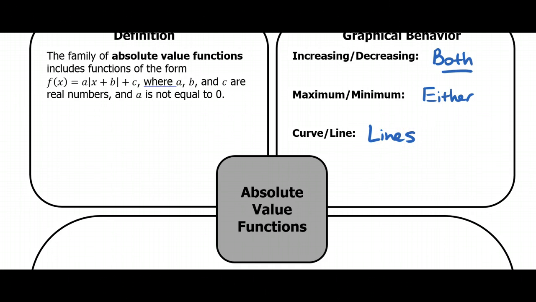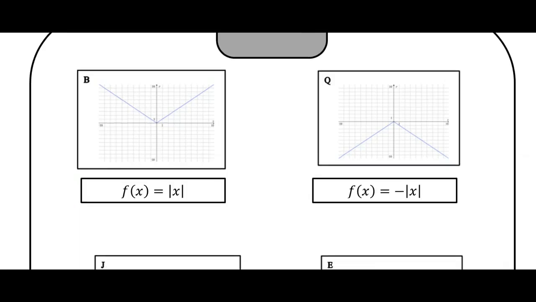Okay, so let's go ahead and take a look at these graphs in a little bit more detail. Graph B here, this graph has a minimum, it has a low point, and if we go from left to right, it starts out by decreasing, because the y values are getting smaller, and then as soon as you hit the minimum and keep going left to right, it begins increasing.